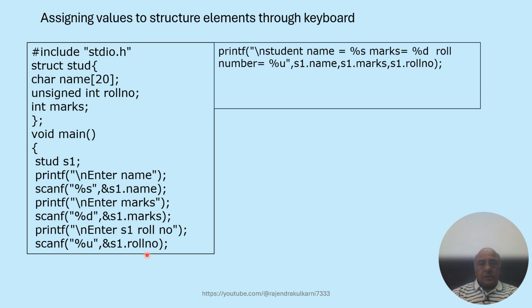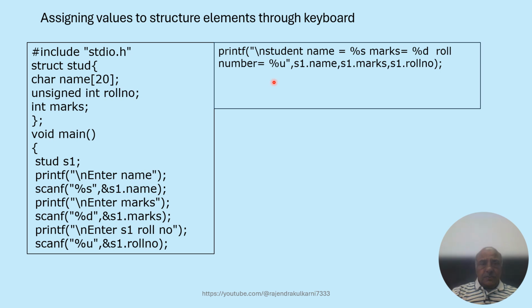Then we are displaying whatever values are entered by the user using the printf statement. Student name is equal to %s because name is a string. Marks is equal to %d because marks is an int, and roll number is %u because roll no is an unsigned int.